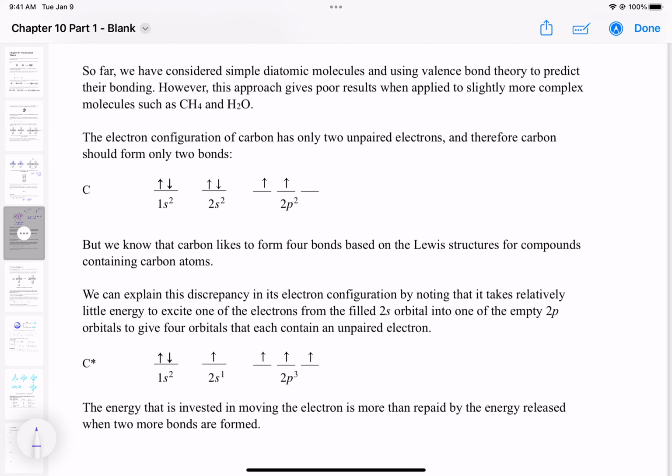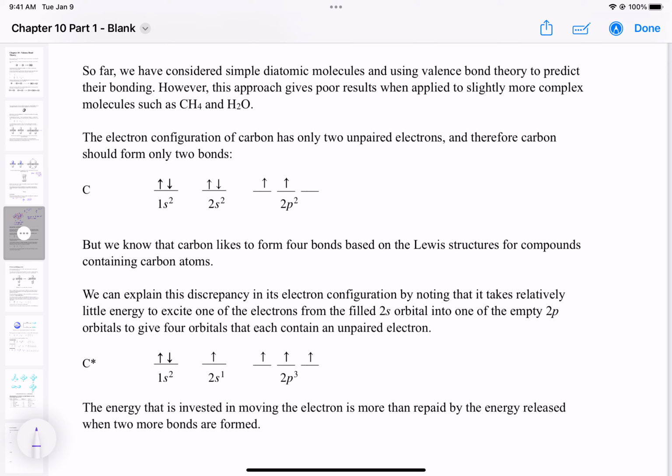We can say, okay, we know that it takes relatively little energy to excite one of the electrons from the 2s orbital into the 2p orbital to give four orbitals that now have only one unpaired electron.